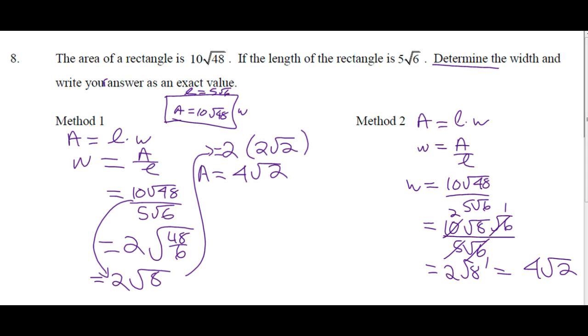And that's just from there, right? So it's your choice as to the method you use for division, whatever you feel comfortable with. If you just want to say, hey, 48 divided by 6 is 8, so I'm just going to go with root 8. Or if you need to write it out so that you've got the same factor top and bottom, and you cancel, okay? You do what works for you.